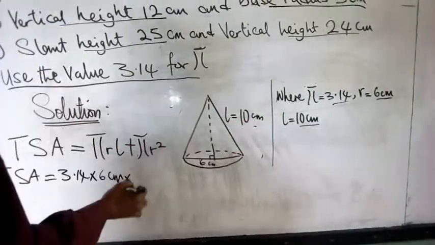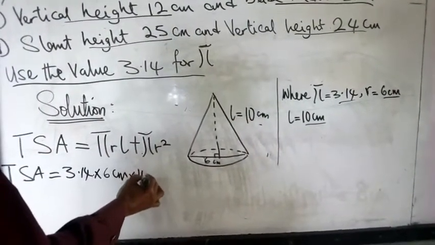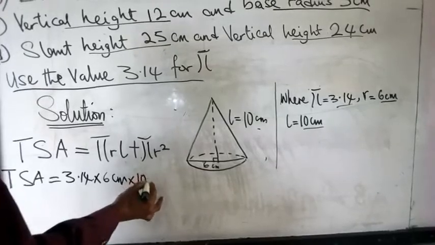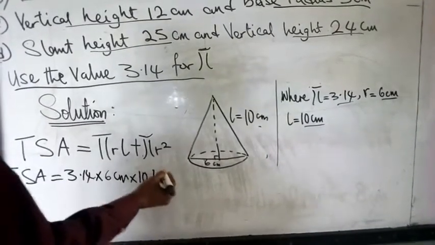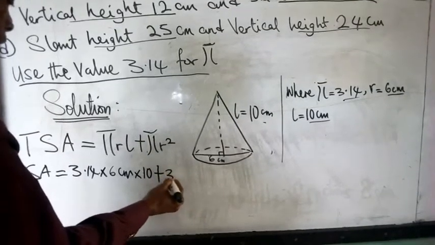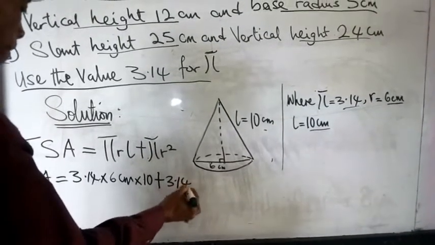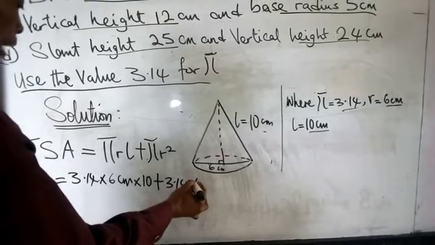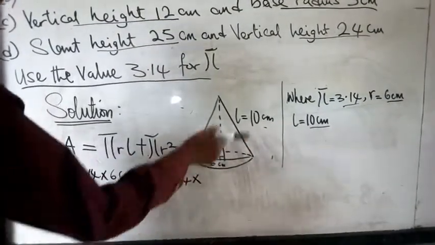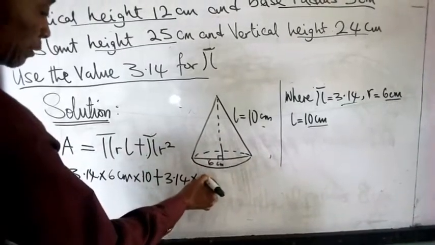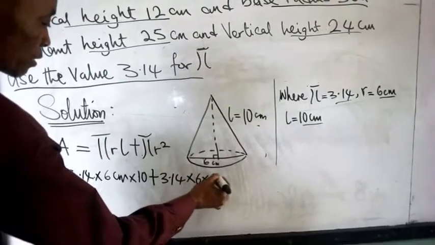Slant height is 10, plus radius again, 3.14 times, this time, radius squared, which is 6 times 6.